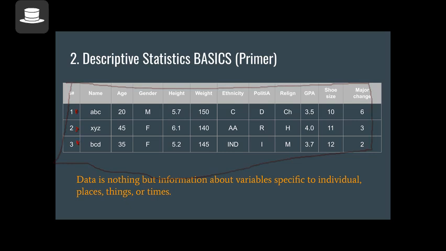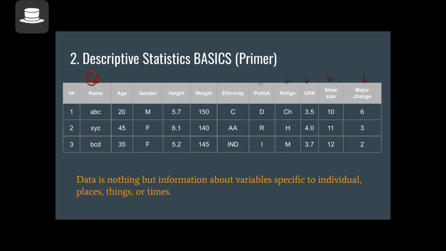And such information include name, age, just an example, gender, height, weight, ethnicity, political affiliation, religion, GPA, shoe size, number of times they change their major in college. Now, these things are not constant. That's why these are variables.